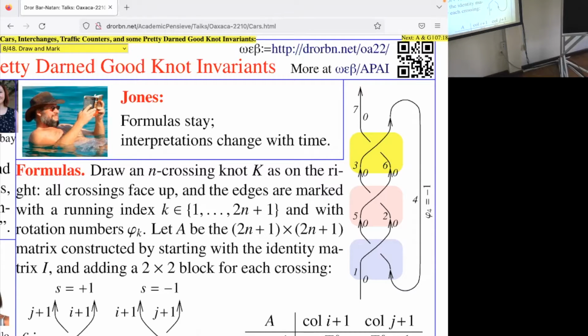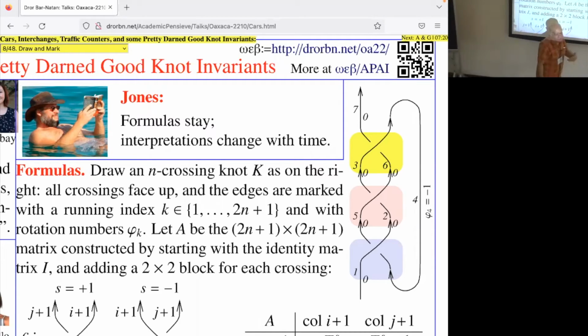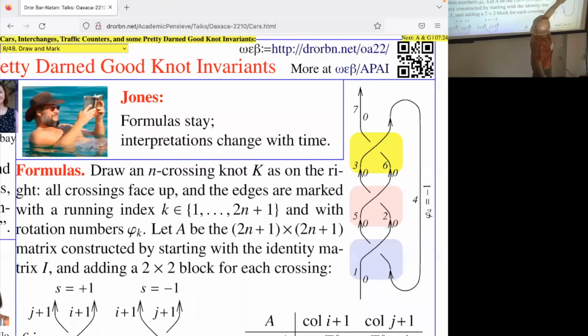And you label it with two sets of integers. One is just a running index. So the edges are labeled 1, 2, 3, 4, 5, 6. And if you have an n crossing knot, it means that it will run up to 2n plus 1.